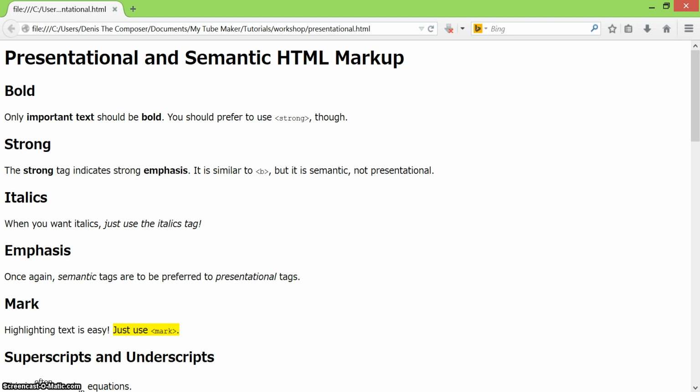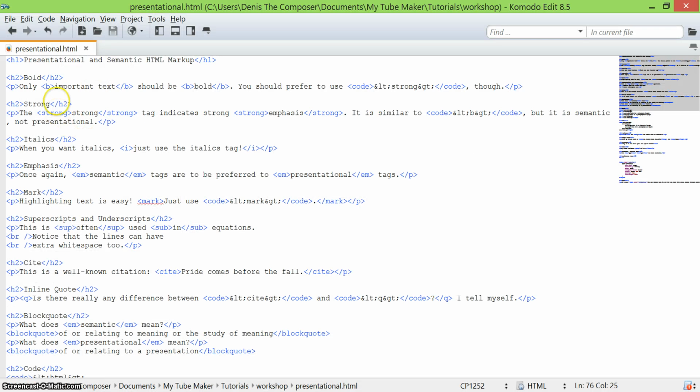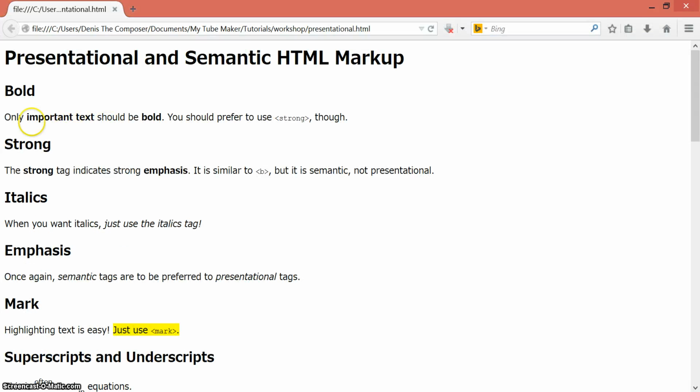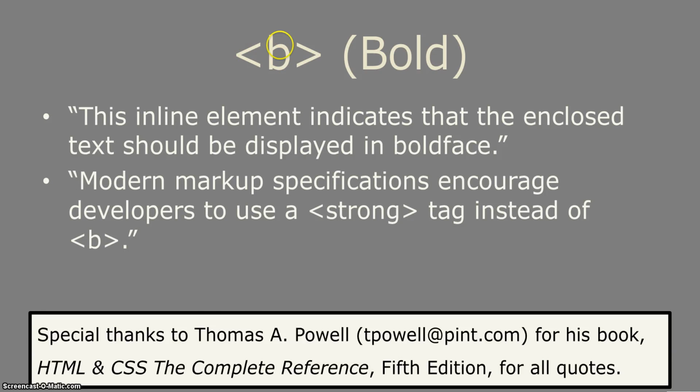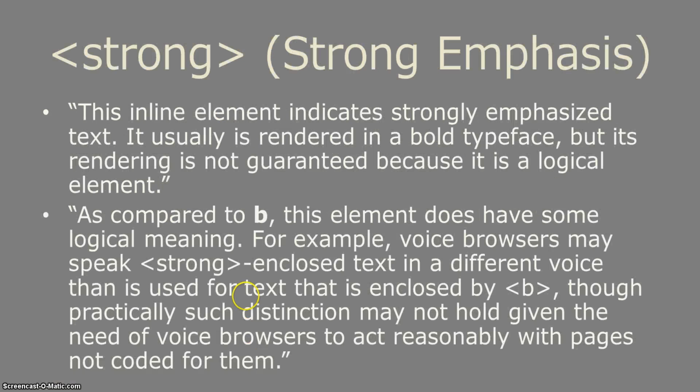No style sheet here. And the way you use all these tags is by enclosing the text you want to be bold or italicized or whatever inside this element. So for example, this element is B, and it stands for bold, and important text is rendered as bold inside a document. So bold is replaced today by strong, which means strong emphasis.